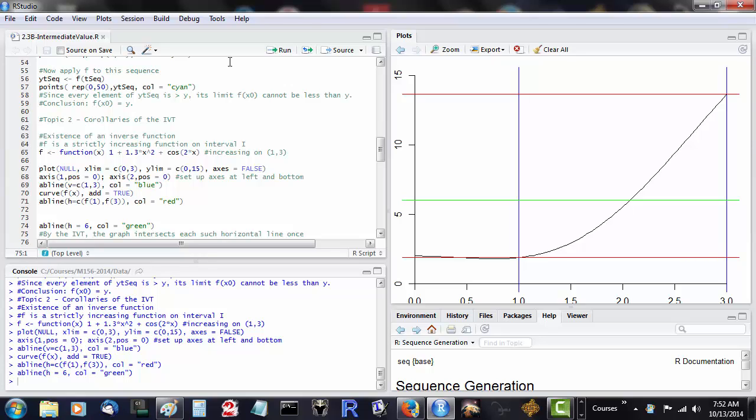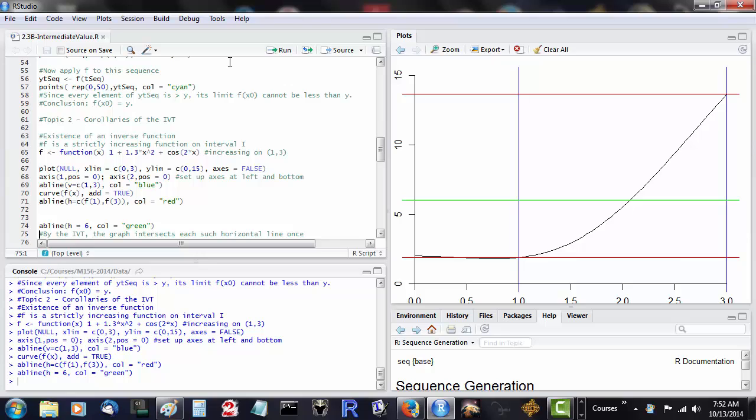Since the function is strictly increasing, there's only one such point, and therefore we know that on this restricted domain the function is not only surjective, the intermediate value theorem guarantees we'll hit our target, but it's injective.